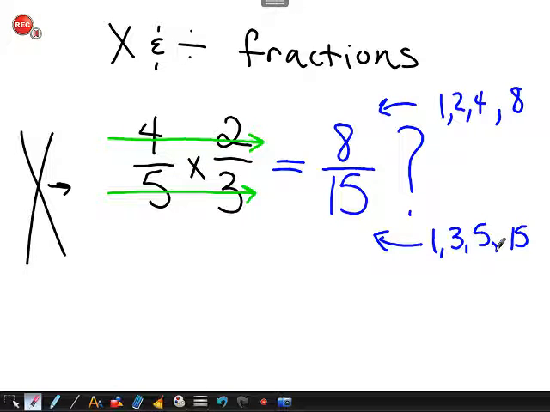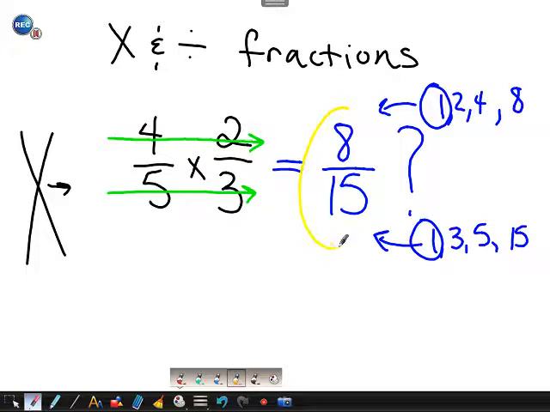You can list out your factors like this if you don't know your multiplication facts, but it's so much easier if you know your facts, because I know for a fact that there is nothing that multiplies to make 8 and 15 except for 1. So if there only is 1 shared, you know that is a reduced fraction. So my answer to this problem is 8/15.